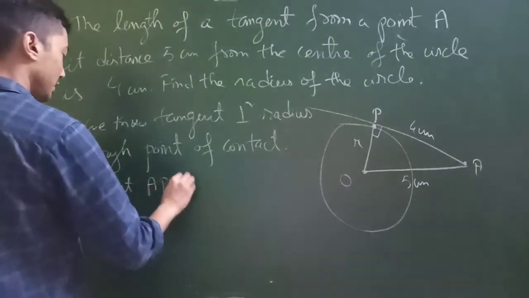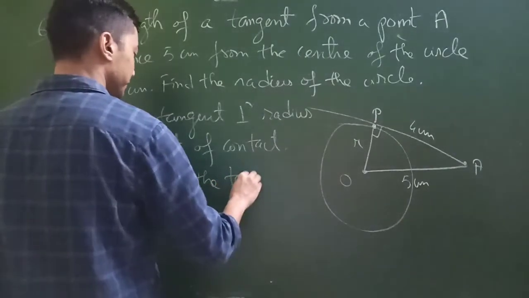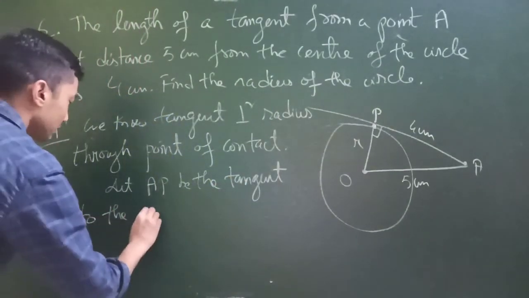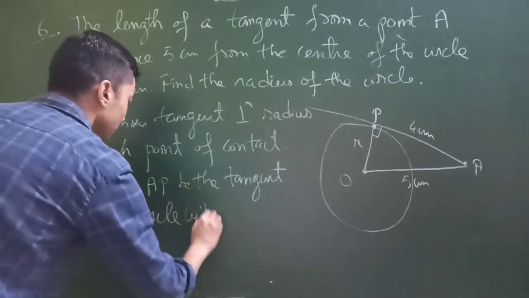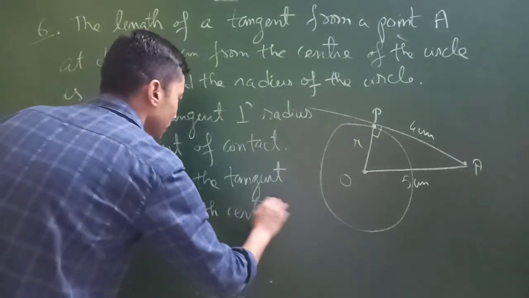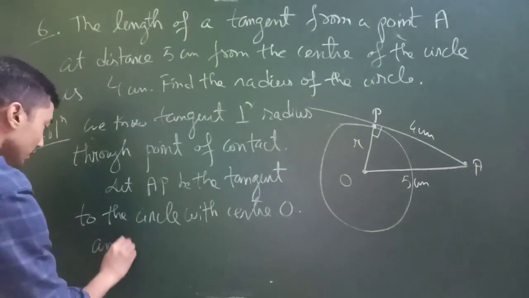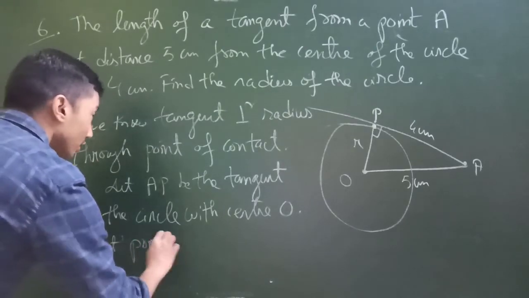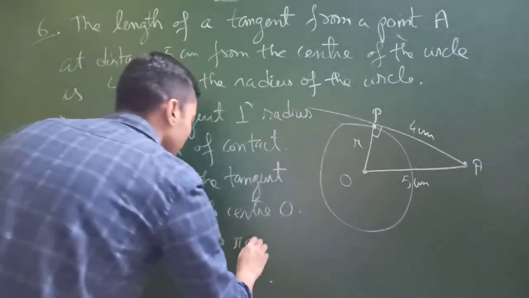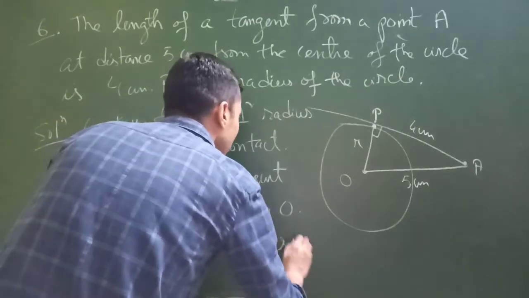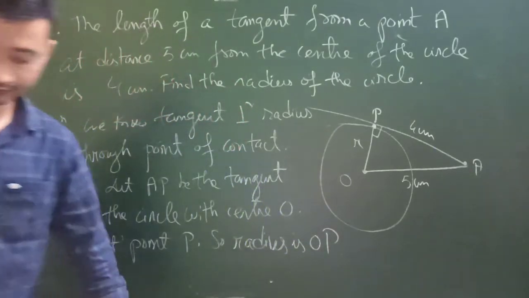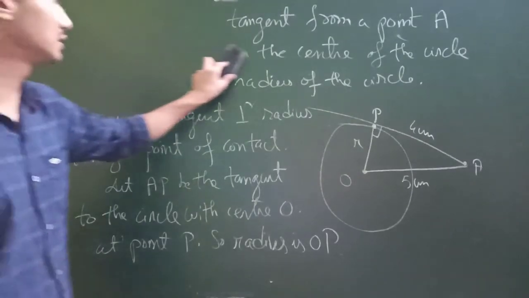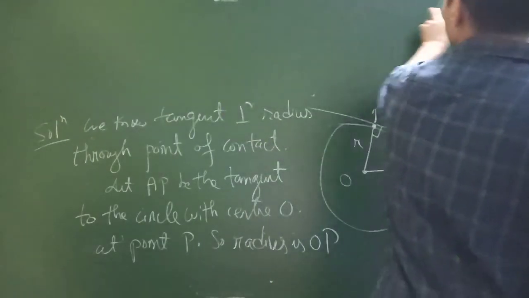Let AB be the tangent to the circle with center O at point P. So the radius is OP.